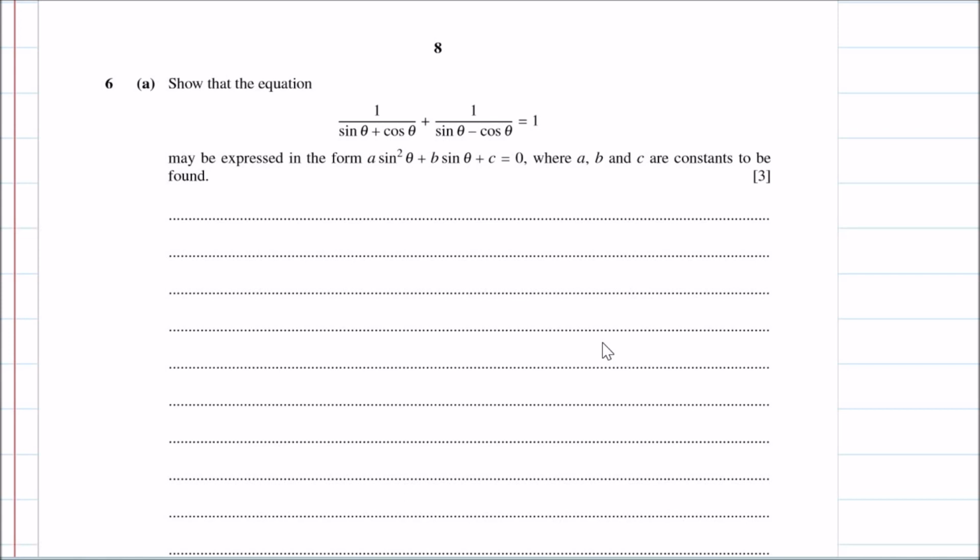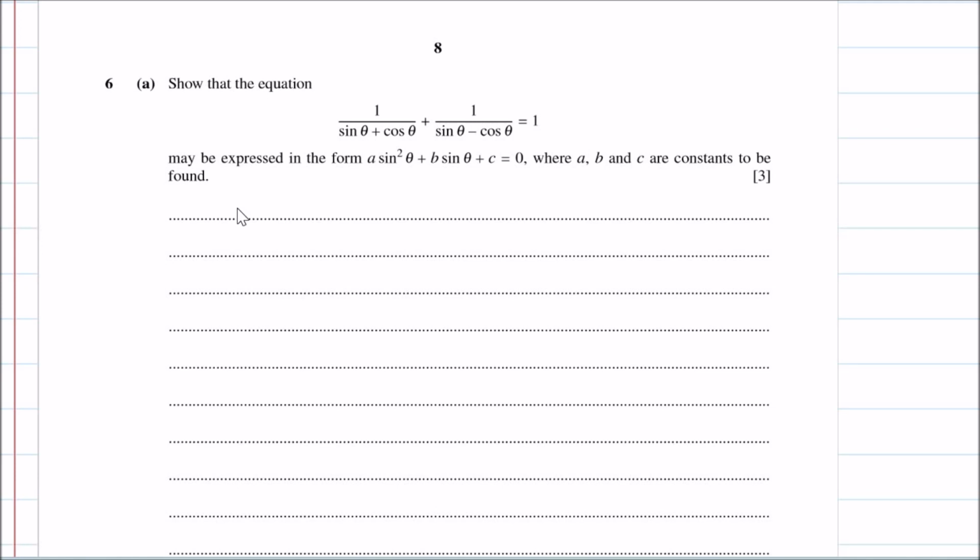So see, we don't have to solve actually here. We have to write in quadratic form. Solving will come in the next part, part B. Okay, so first we have to convert this into a quadratic form in terms of sin theta.